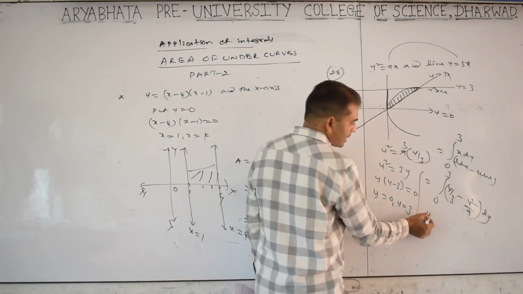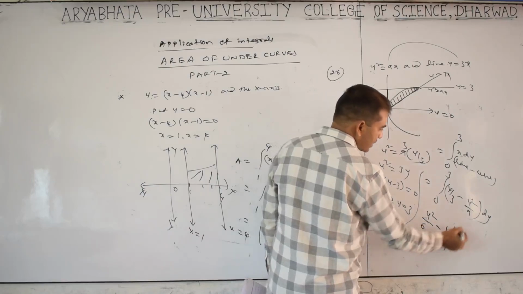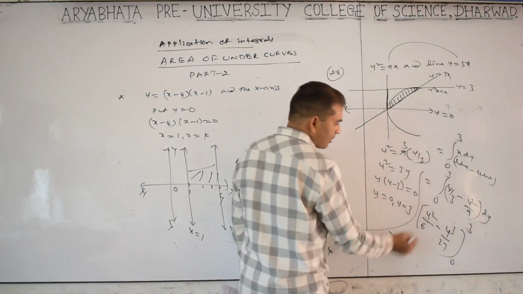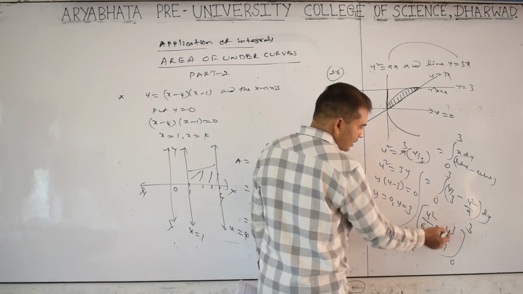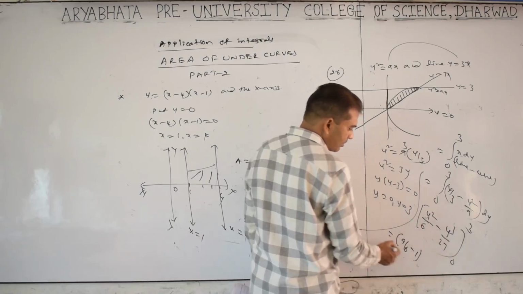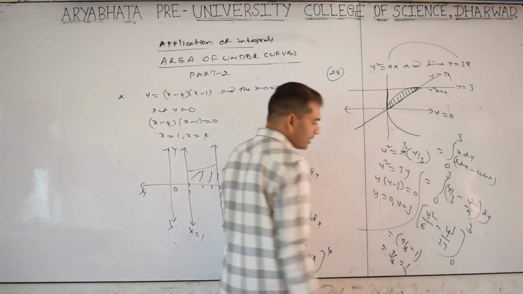Understood? Integration gives y square by 6 minus y cube by 27, limits 0 to 3. Apply upper limit: 9 by 6 minus 27 by 27, which is 1. Lower limit is 0. Simplify: 9 minus 6, 3 by 6, which is equal to 1 by 2.